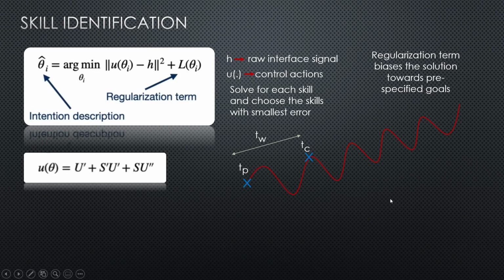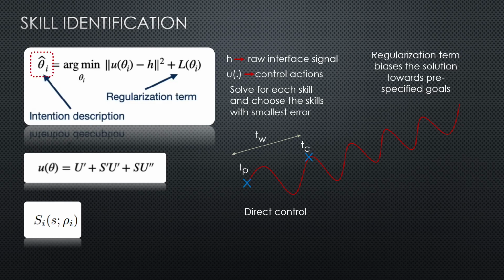So initially, for some particular time duration TW, where TP represents previous time and TC represents the current time, we use direct control, and after that we use our prediction models to then predict the trajectories, and also adapt it to changing environments.